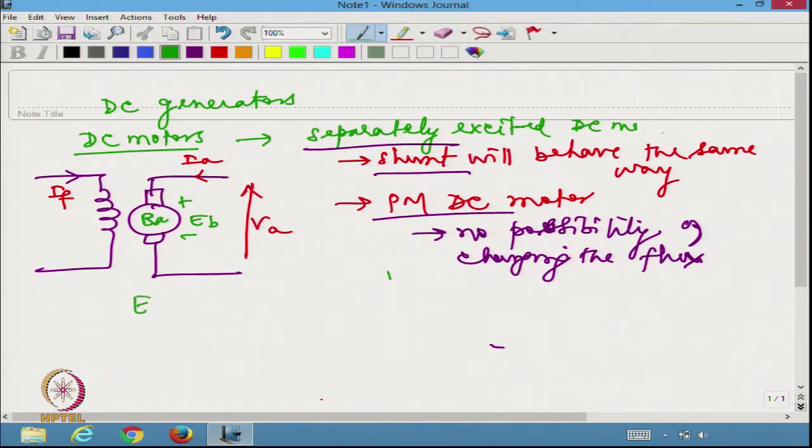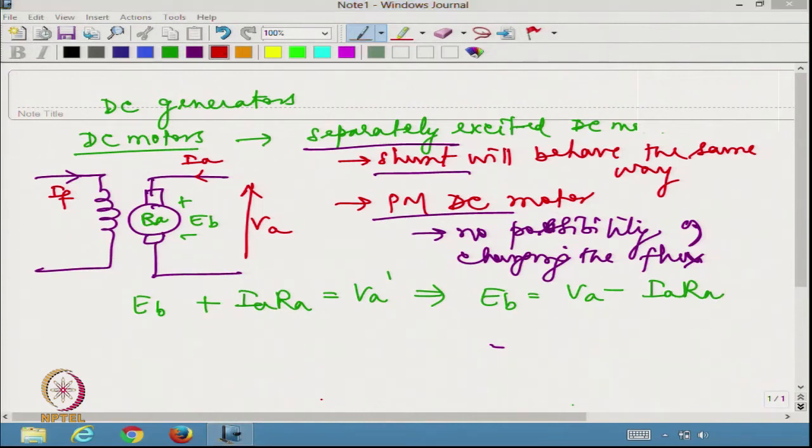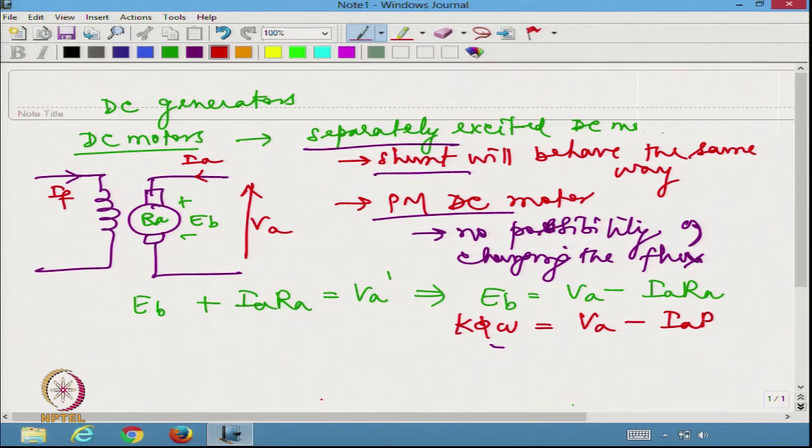So I can write EB plus IA RA equal to VA, so EB equal to VA minus IA RA, that is K phi omega equal to VA minus IA RA.